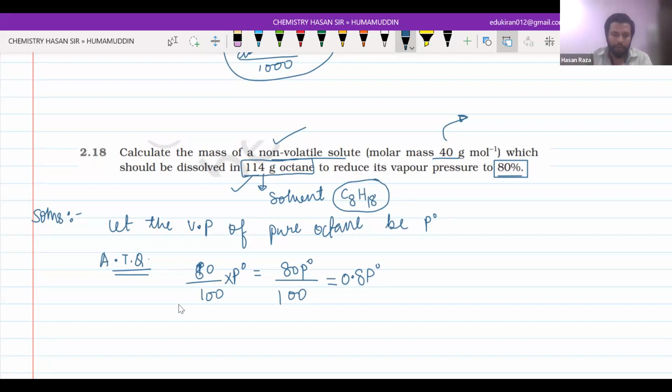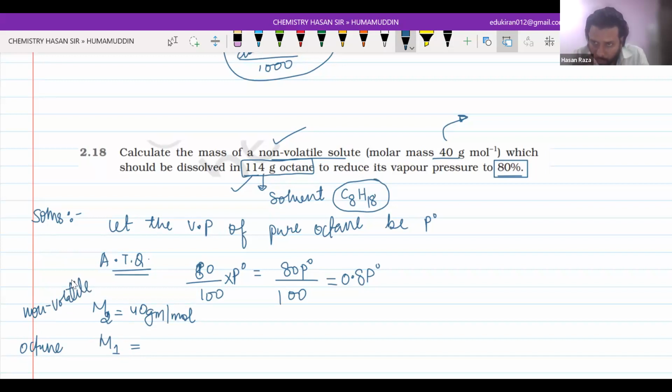Now, see what you need to do. As you know, the molar mass of non-volatile solute, I'm going to take as M2, is 40 gram per mole. Sorry, 40 gram per mole, not ml. And molar mass of octane, that I'm going to take M1. This is for octane, and this is for non-volatile solute. Always remember, if you are going to solve this in board, you have to show whatever you are taking, like M2, M1.